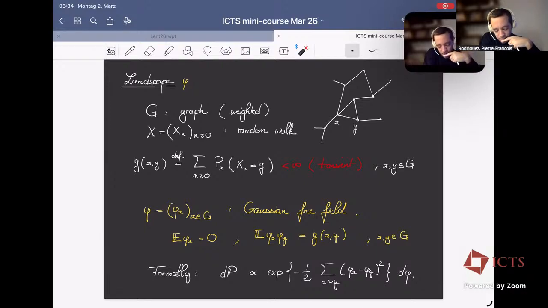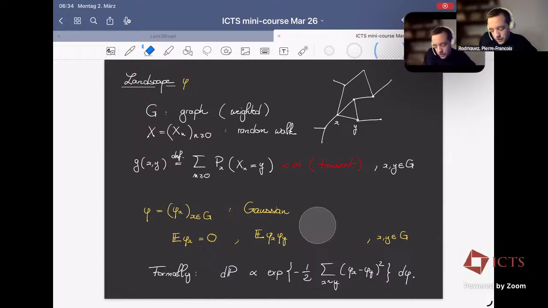My fields are always going to have mean 0, so expectation is 0. Then I need to specify the second moment, the covariance, expectation of phi x times phi y. And I choose it, so that defines the Gaussian free field really, to be the Green's function.